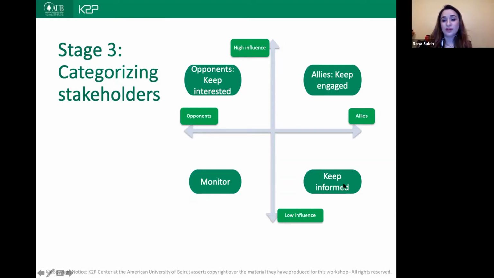Similarly here, those are the people who are supportive of your campaign. However, they are not of that high influence. You would choose, for example, to have some campaigns to get these people organized to help you in your campaign.